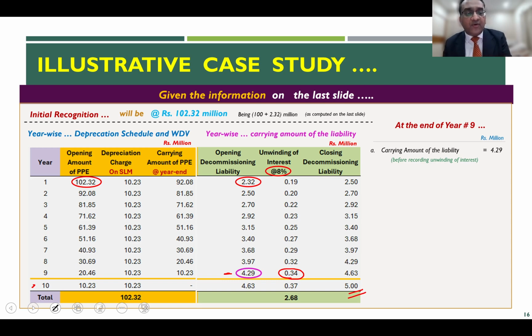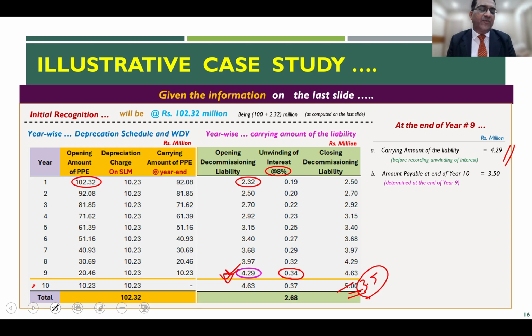The carrying amount of the liability at the end of the 9th year, but before recording this entry, is 4.29. What you need, the amount payable at the end of the 10th year, is only 3.5 million. This 3.5 million is lower than 4.29, and therefore it is not actually required to record this unwinding.